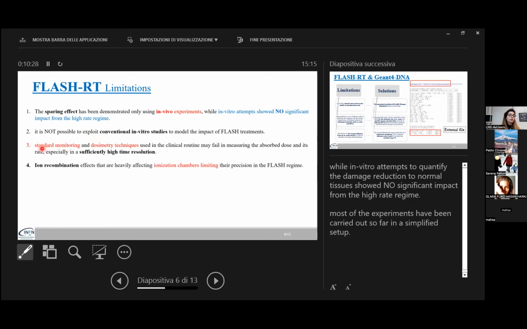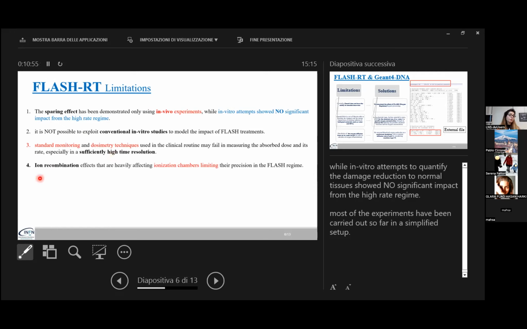And it's related to the standard monitoring and dosimetry techniques in clinical routines, which need sufficiently high time resolutions. And this time resolution is not possible with the conventional equipment in the beam delivery or everything used in clinical routines.